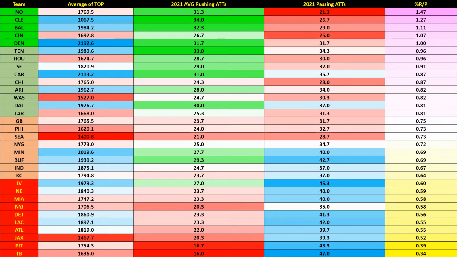So if you're curious about where the teams are passing a lot, Tampa Bay is really the most extreme passer. And then, let's see, 34, that would be Cleveland, was the extreme runner. So now we've located the extremes.